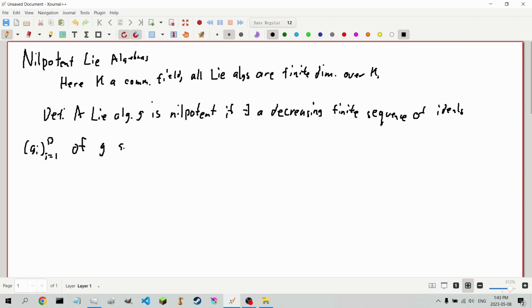G such that this additional G_0 is just G, our last ideal G_p is just 0. And I guess I'll just change the indexing to be from 0.